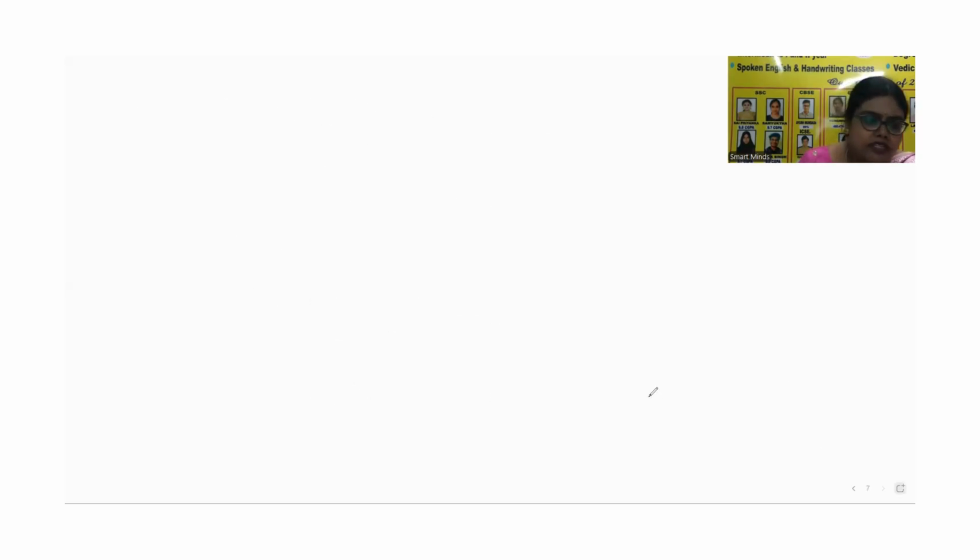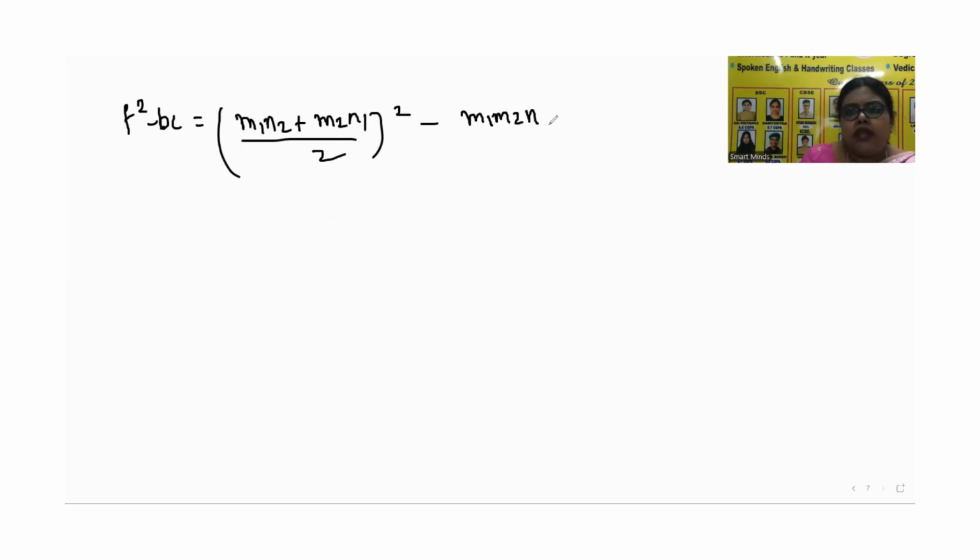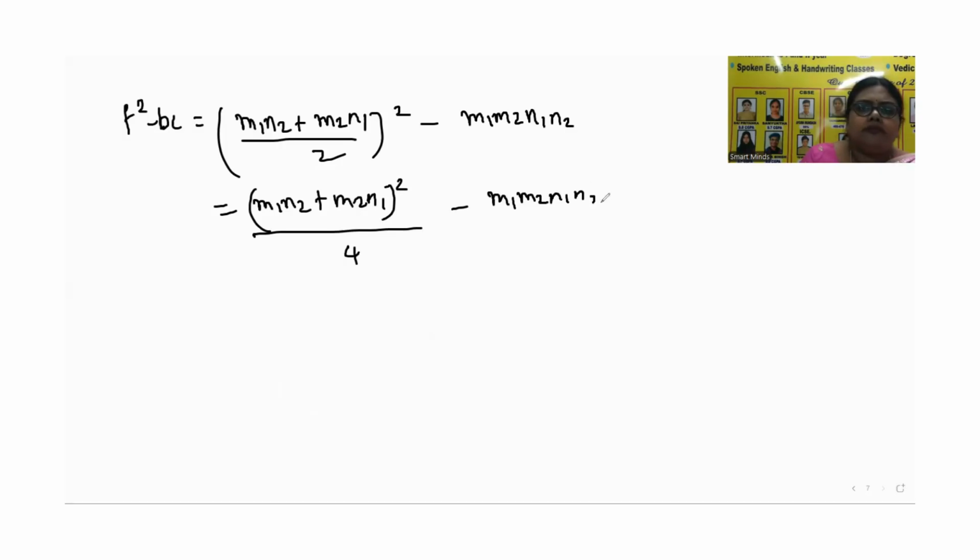Now the last bit which is given is f² minus bc. The same way ((m1 n2 plus m2 n1) by 2)² minus m1 m2 n1 n2. Open the brackets, (m1 n2 plus m2 n1)² by 4 minus m1 m2 n1 n2. So that is (m1 n2 plus m2 n1)² minus 4 m1 m2 n1 n2 by 4.